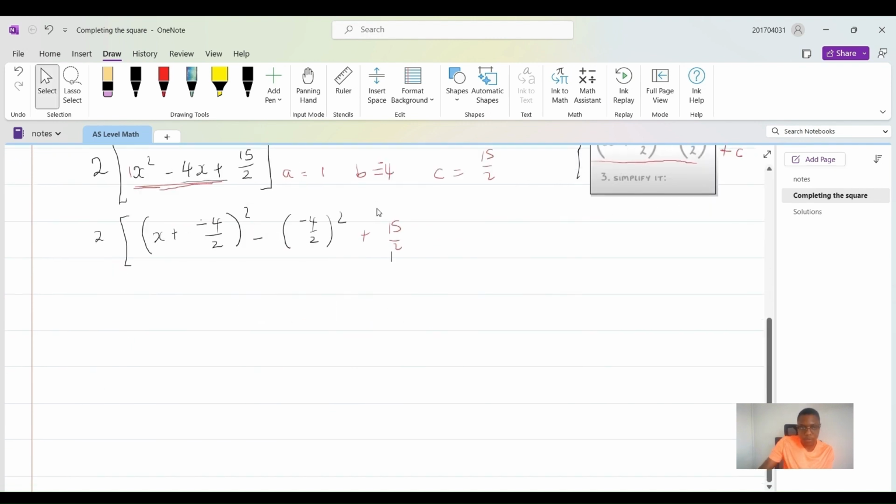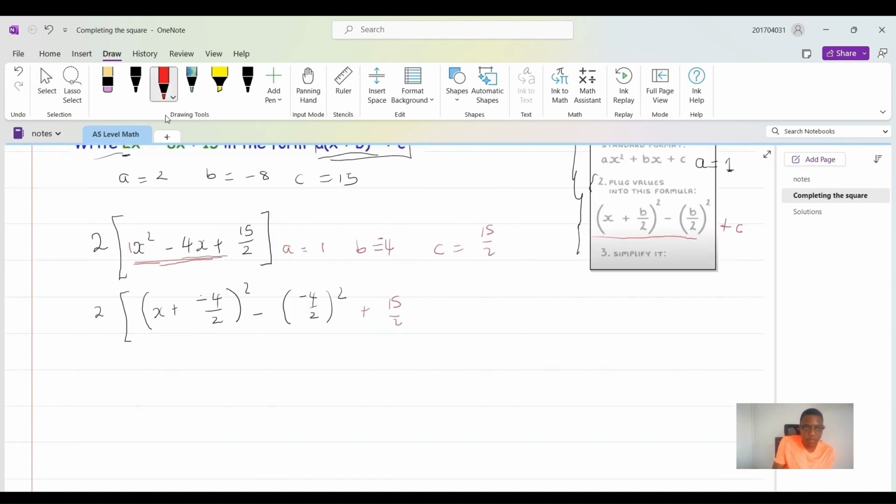Right? So now what we need to do now, which is the third step, we simply need to simplify this expression with this step. Okay. So let's simplify, then we get our answer. So still bringing back the square bracket. Here we're going to have x. So here we have negative 4 divided by 2.